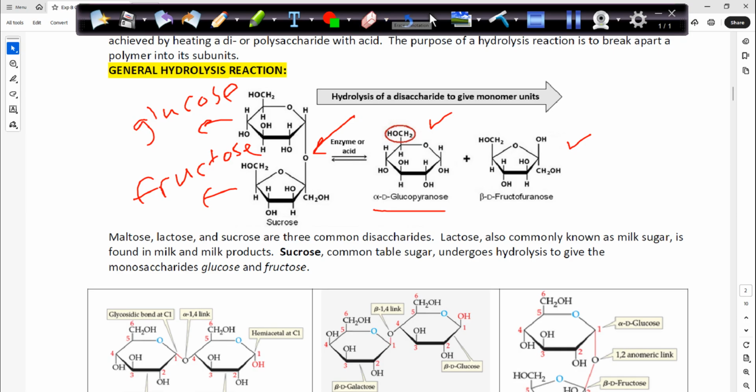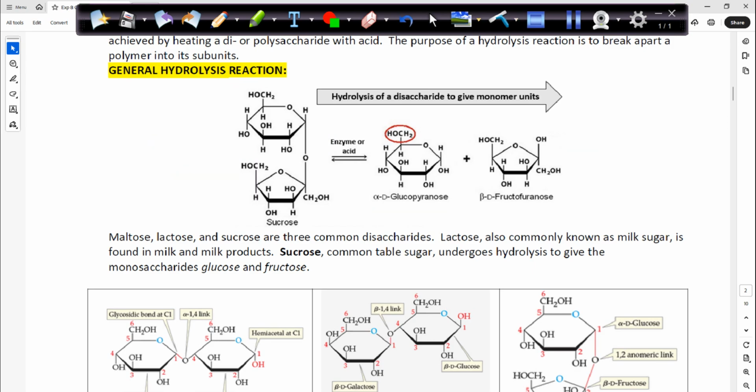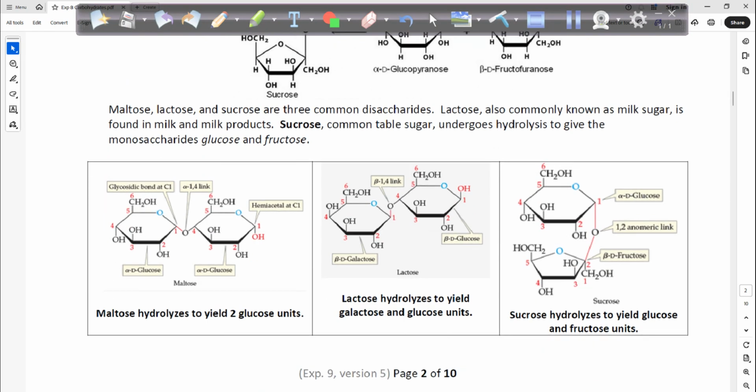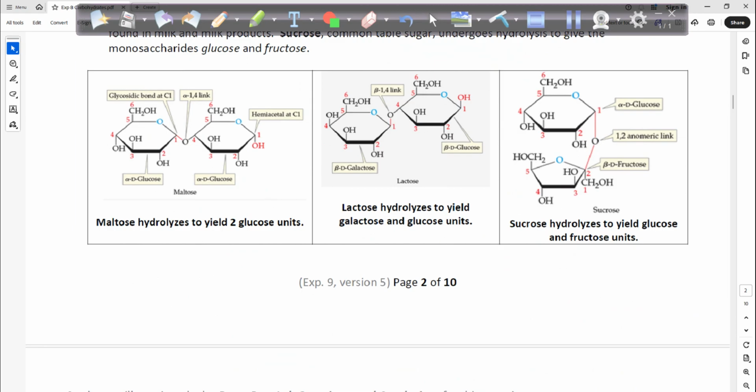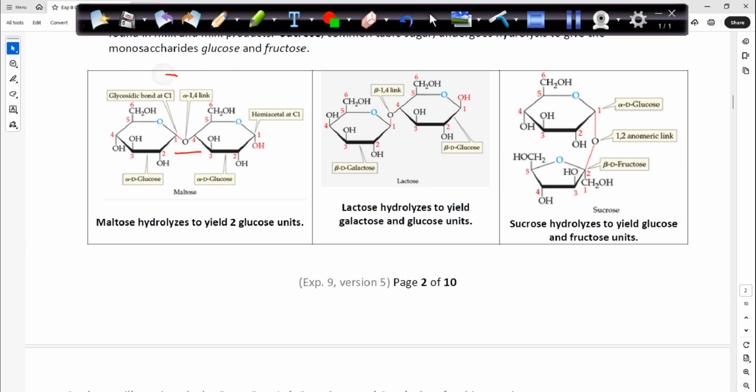Okay, guys, so these are disaccharides. Here are examples of disaccharides. You can see different ones. The unique thing you have to watch anytime, even in the lecture, is this type of connection. This is a glycosidic bond, between carbons 1 and 4.